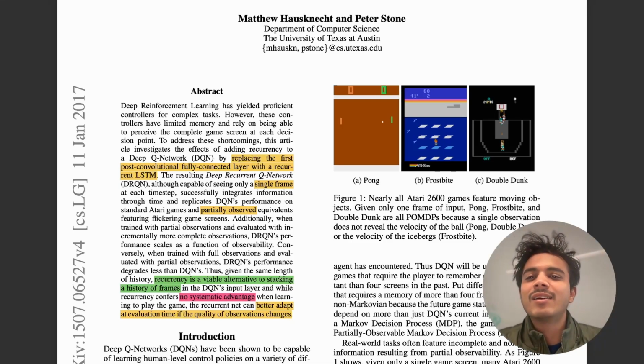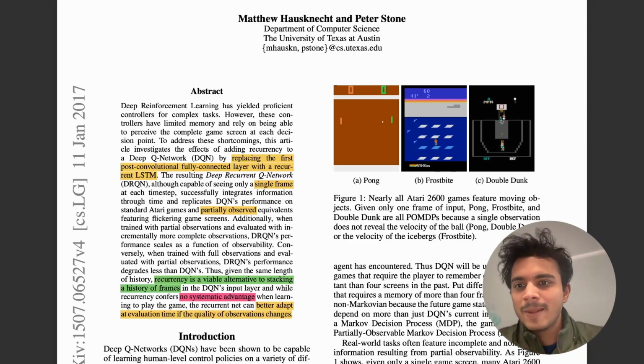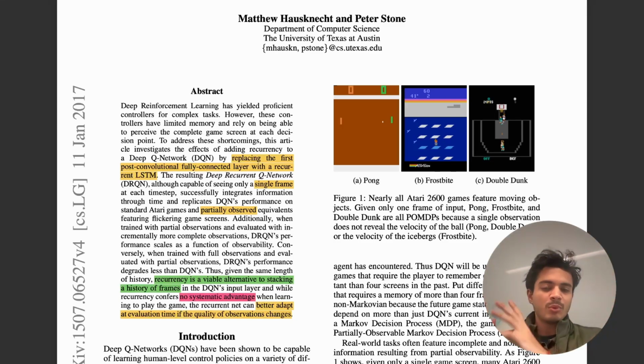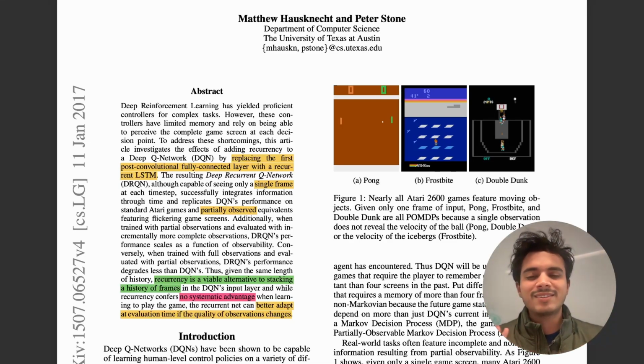That is it. And what does that mean for us? After introducing this one small change, replacing the first post-convolutional fully connected layer with this recurrent LSTM, what they have achieved is that what DQN used to do with 4 frames stacking, remember that one state was basically 4 sequential frames combined and called one state in the previous, older paper, this time they have achieved similar or almost the same results with a single frame.